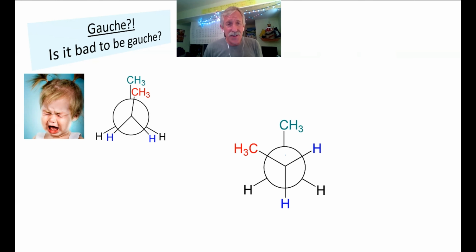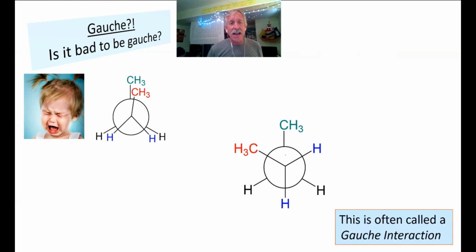So this is gauche. Gauche is an interaction where the two largest methyl groups are not anti to each other, but they're also not eclipsed with one another. So the two largest groups are just separated by 60 degrees. And this is called a gauche interaction.